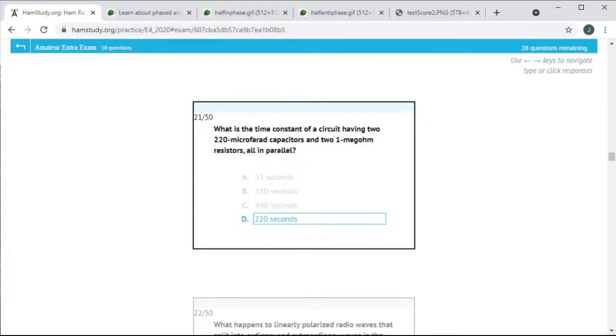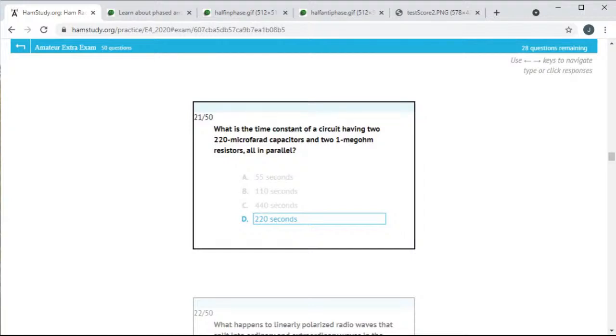This one, what is the time constant of a circuit having two 220 microfarad capacitors and two 1 megaohm resistors all in parallel? So what I believe is the case is that when resistors are in parallel, the resistance is divided.